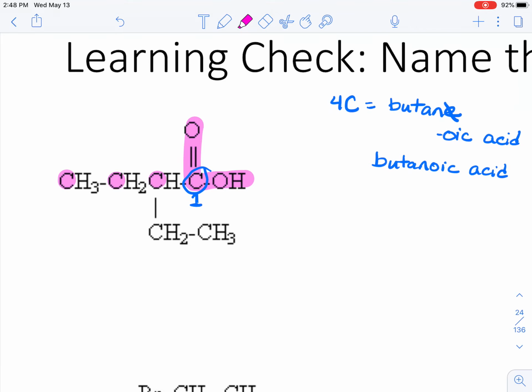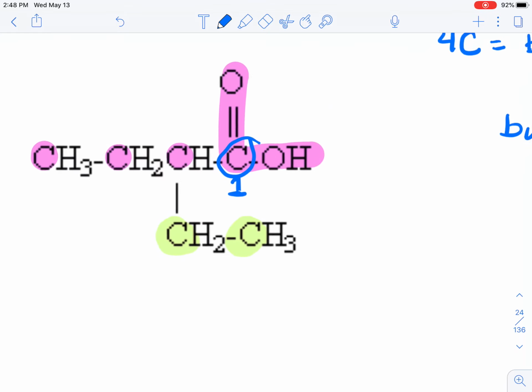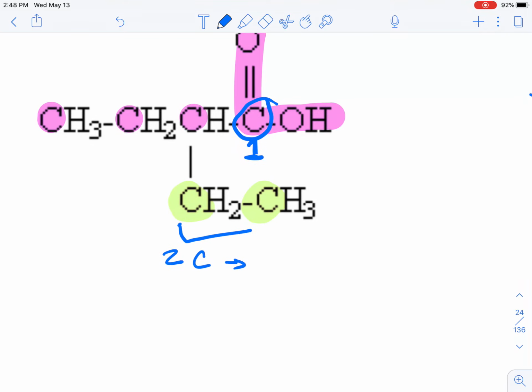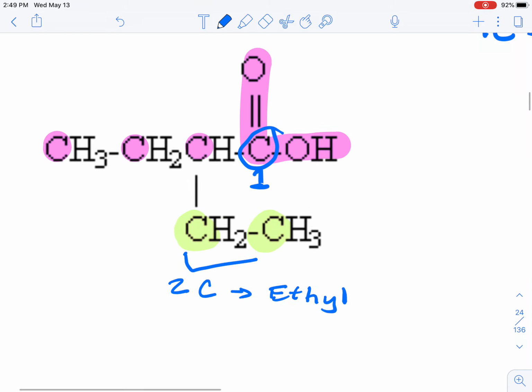Now notice that I have some carbons that are not highlighted in pink. Therefore this is a substituent, an attachment to the parent chain. Since I have a 2-carbon substituent, this is going to be an ethyl. The ethyl is bonded on the second carbon with respect to the carboxylic acid.